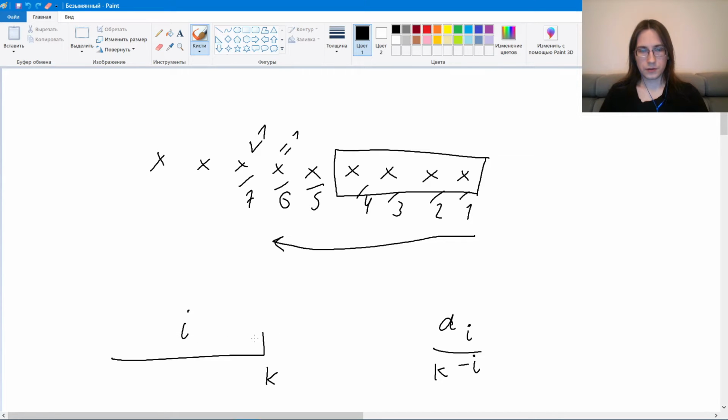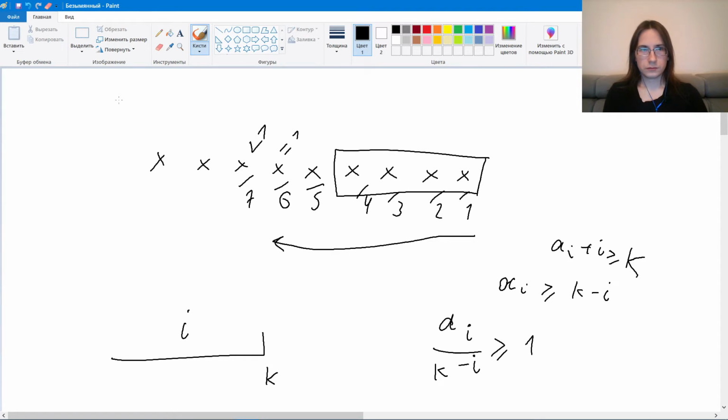Because the first one in this process is k minus 1, and it's divided by 1. Second is k minus 2, it's divided by 2, and so on. So obviously the ith element is divided by k minus i. We take the ith element into the suffix if this holds. We can rewrite it as a_i is larger or equal than k minus i. And we can rewrite this as a_i plus i is larger or equal than k.